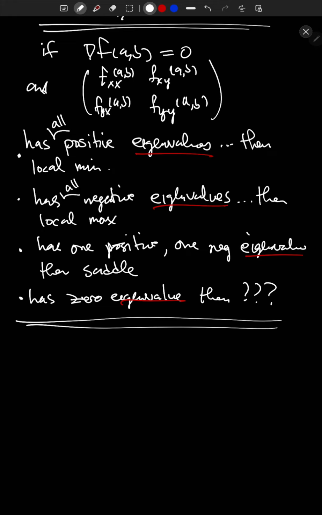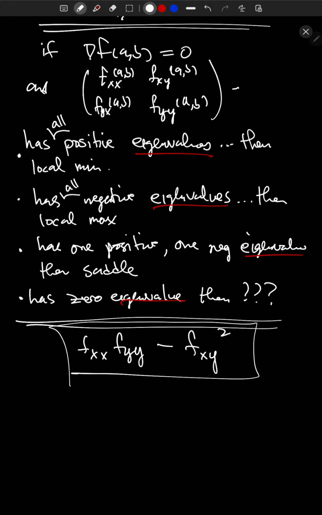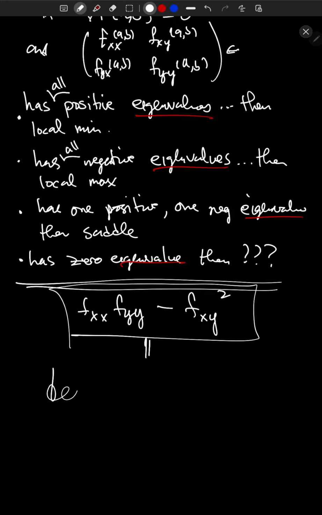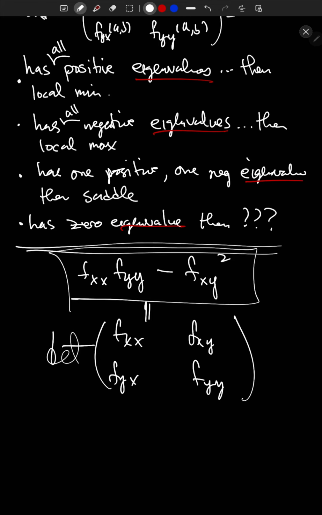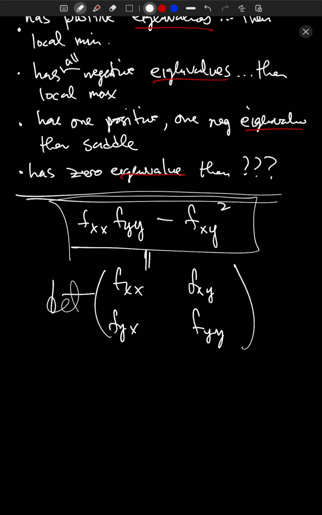The one that we're talking about is fxx times fyy minus fxy squared, all at (a, b). How does that relate to the matrix? Well, that's literally the determinant of the matrix fxx, fyy, fxy, fyx. And if you've done linear algebra, you know that the determinant is the product of the eigenvalues.